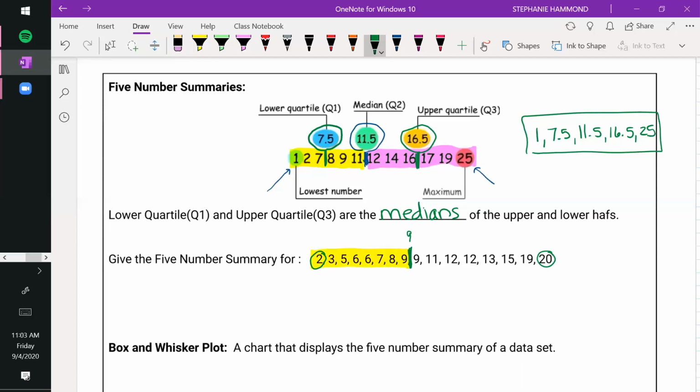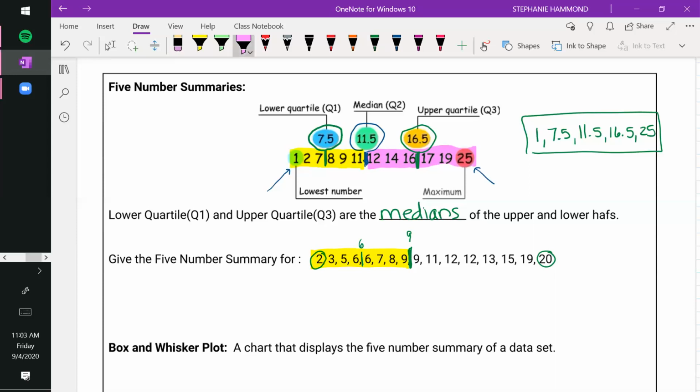There's 1, 2, 3, 4, 5, 6, 7, 8 pieces of data in the lower half. So I go 4 in, 1, 2, 3, 4, and make sure I have the same number on both sides, 4 and 4. So my first quartile is between 6 and 6, and so that is 6. It is possible for the median to be an actual number in the data set. This is just what happens when we have even numbers.